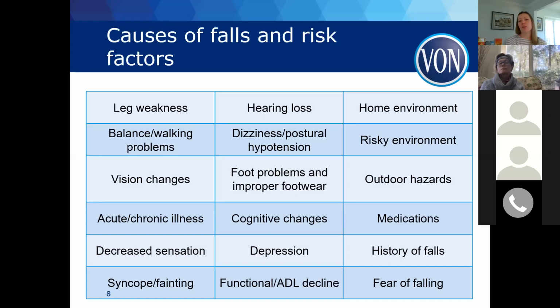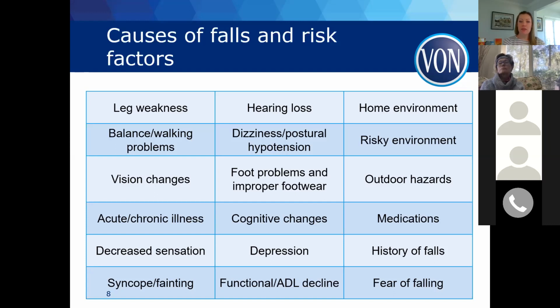The next two in the third column are home environment or a risky environment. So that could be indoor or outdoor. And if people are concerned about their home environment, I always talk about how you could go to your doctor and get a referral for an occupational therapist to do a home safety assessment.